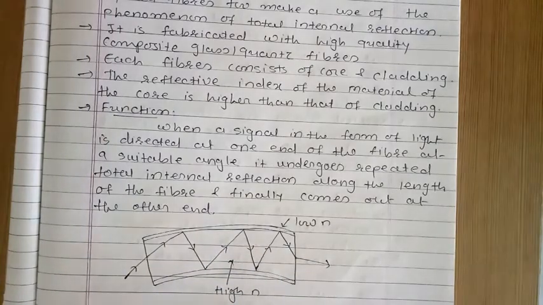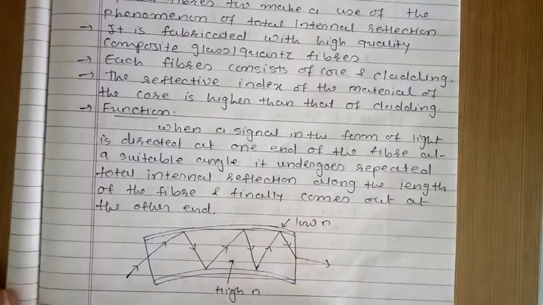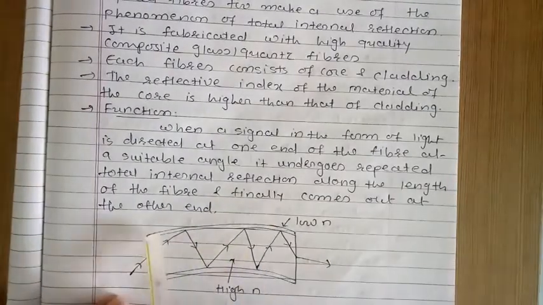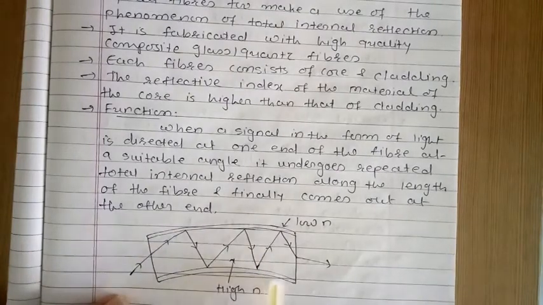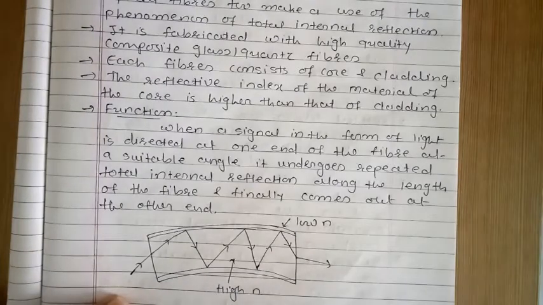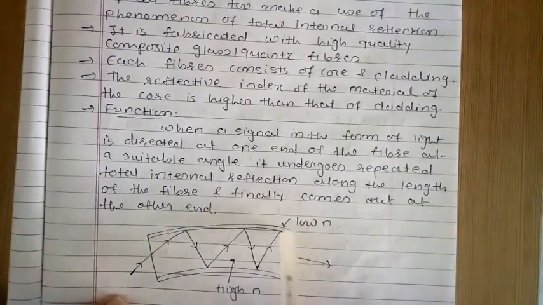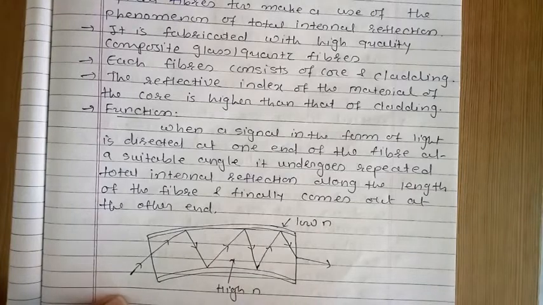Once again I repeat, this is the figure of an optical fiber. This is the core, and this outer side is known as the cladding. You have to remember that the core has a higher refractive index than the cladding, and the cladding has a lower refractive index.